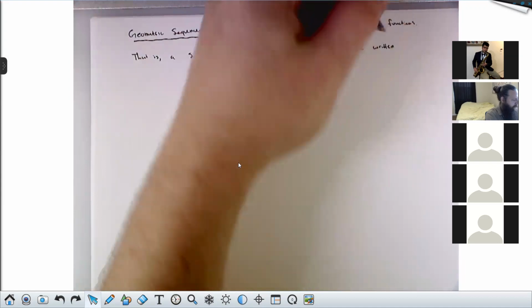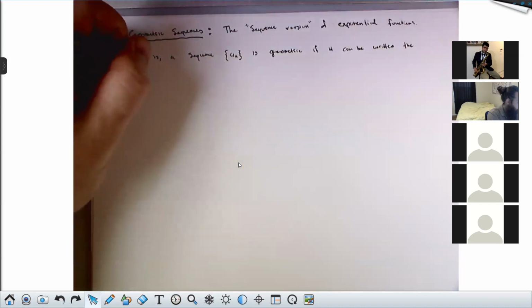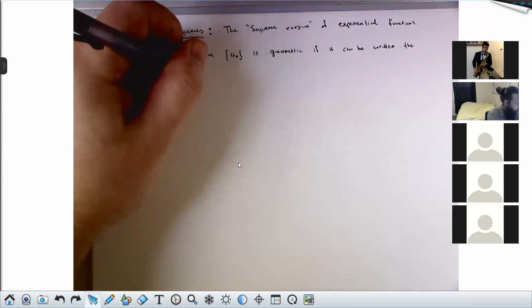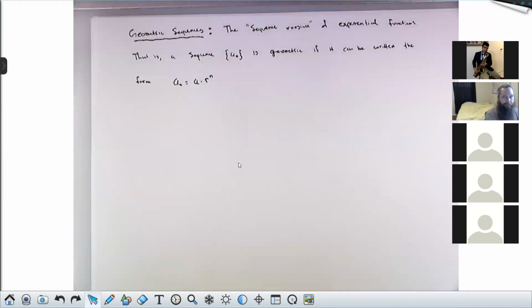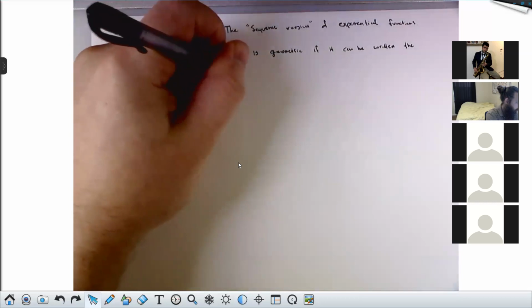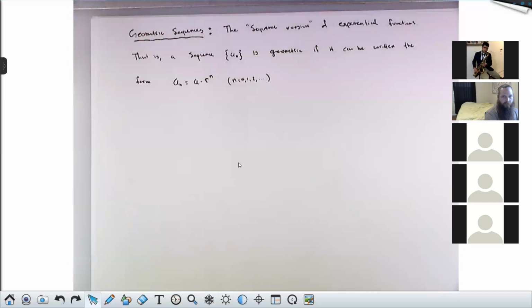I always like to start my geometric sequences at n equals 0, and here I'm assuming n starts at 0. Your textbook sometimes starts these at 0, sometimes starts them at 1. The life is much nicer, the notation is cleaner, if you start them at 0.